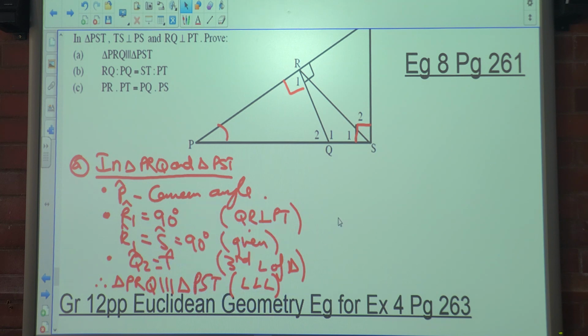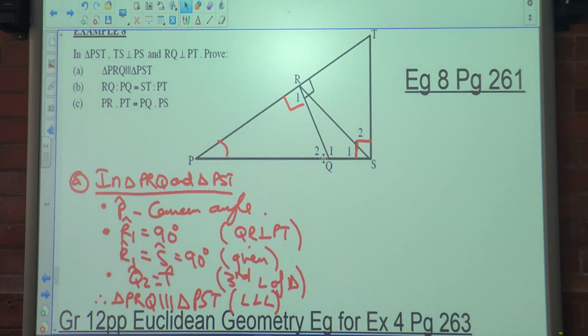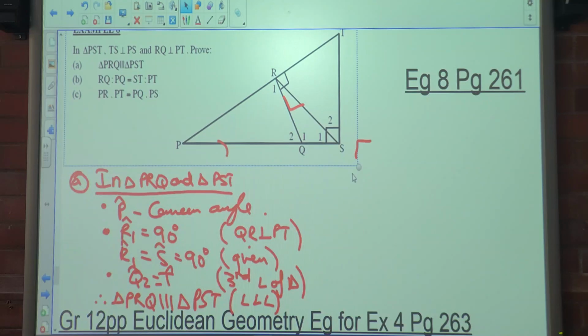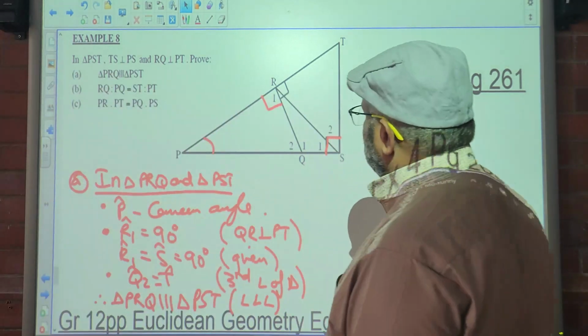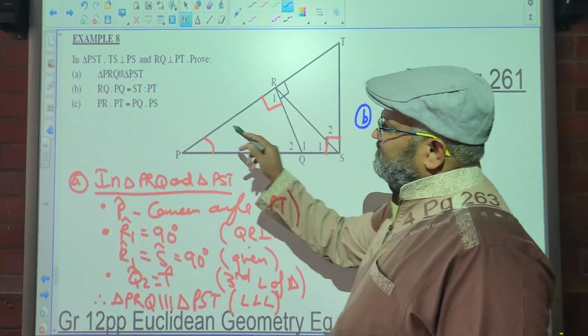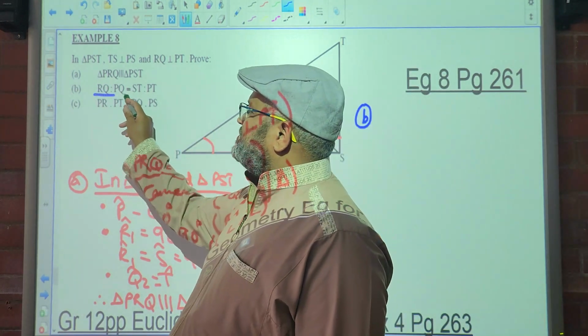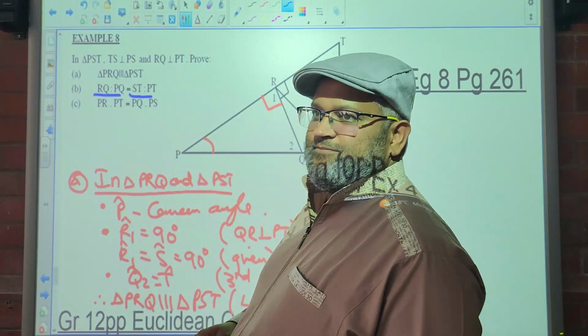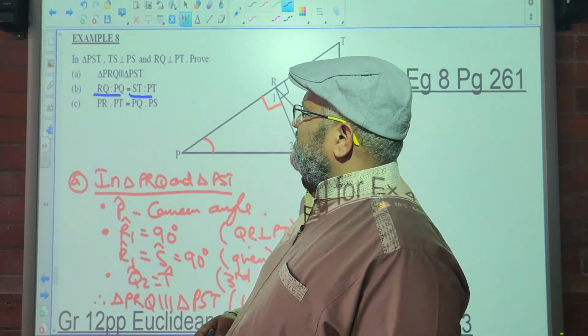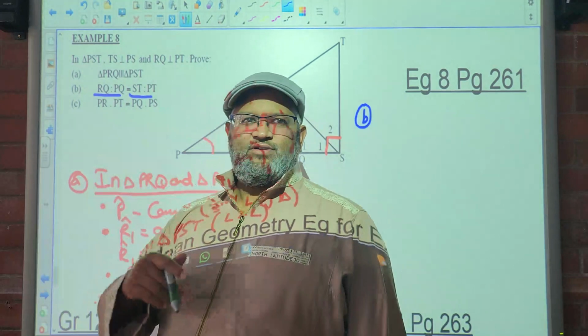So if you are given a proof like this, we have to prove the two triangles are similar. What will always follow this is a distance question. They will ask you a distance question. And if you look at B, that's exactly what they asked you. B, they want you to prove that RQ is to PQ as ST is to PT. Okay, but I normally work with fractions.